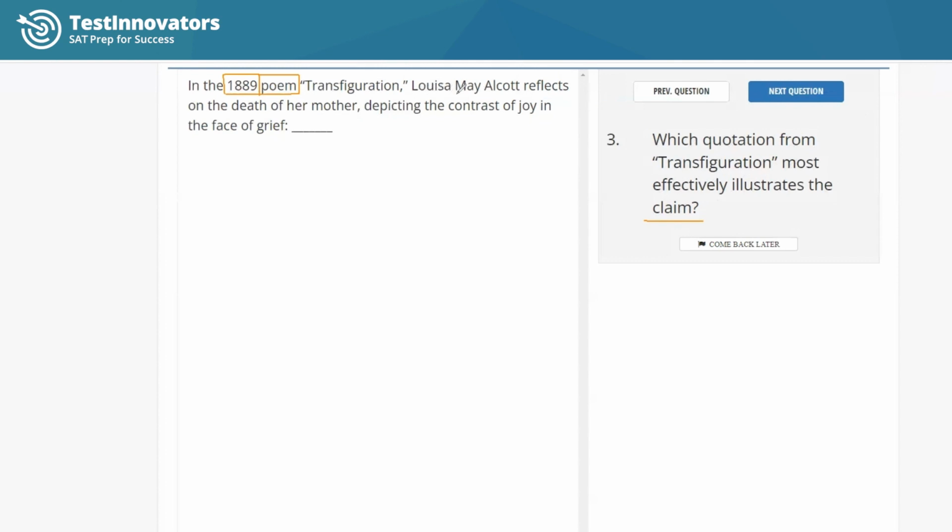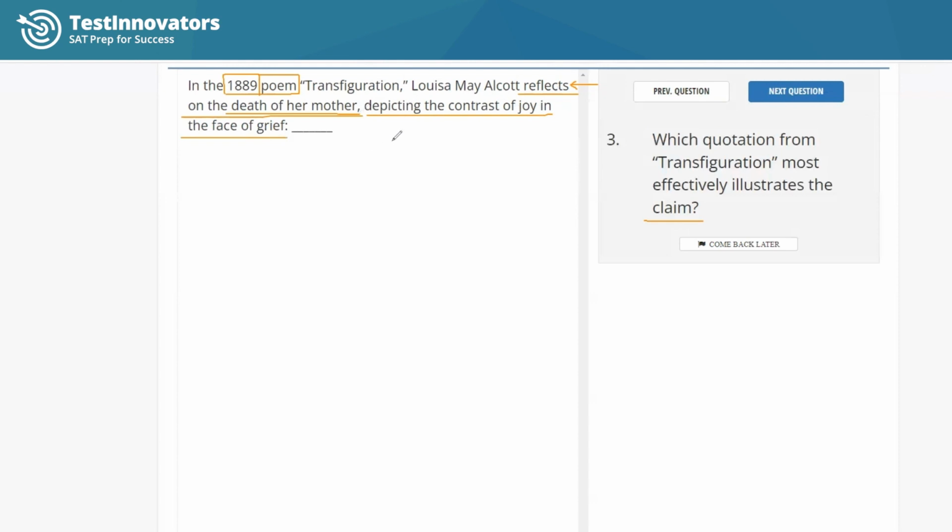The author, Louisa May Alcott, reflects on the death of her mother, depicting the contrast of joy in the face of grief. Reflects. What does reflects mean? Well, to reflect on something means to think about it. What is she thinking about? The death of her mother, who passed, unfortunately.